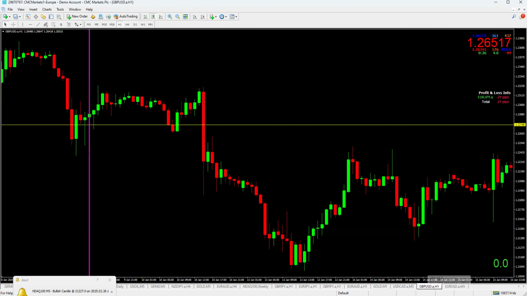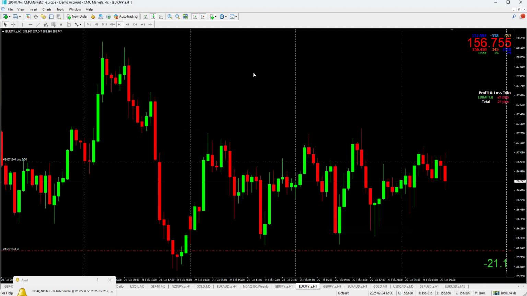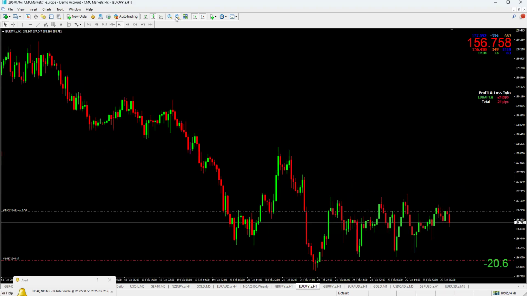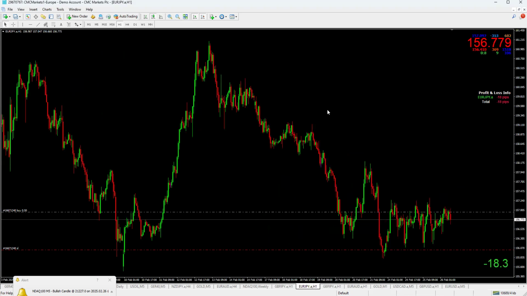This is GU. Let's check that. So this is the trade we are in. Let's use the trade we are in as a possible example.